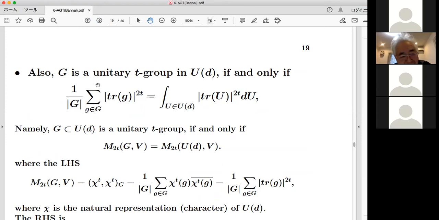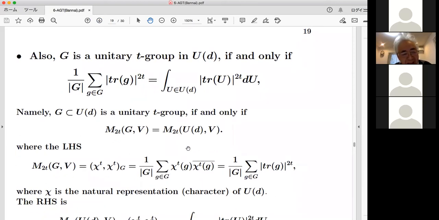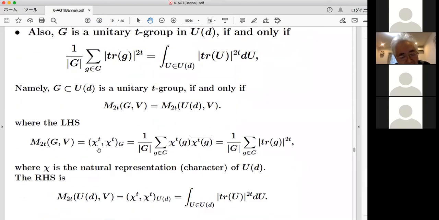And this is considered as a moment on G. This is considered on the unitary group, so it's the 2T-th moment of G and the 2T-th moment of U(D). And these moments are expressed as inner products of characters, the T-th tensor product of chi, over G and also over the unitary group.